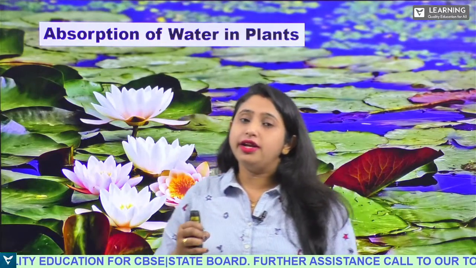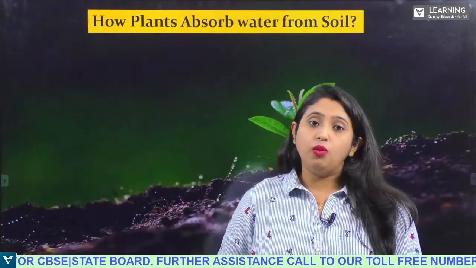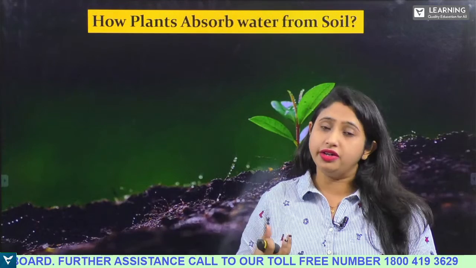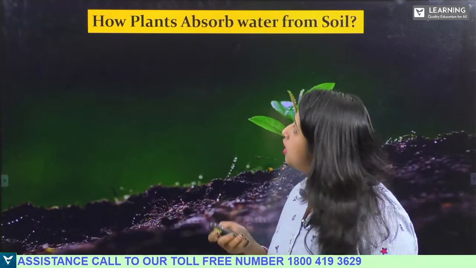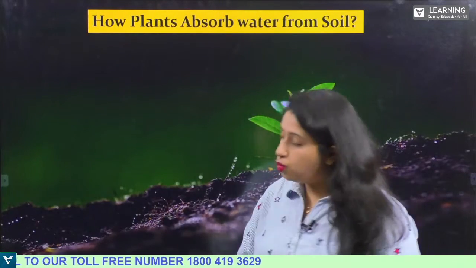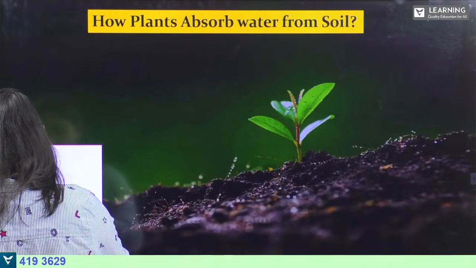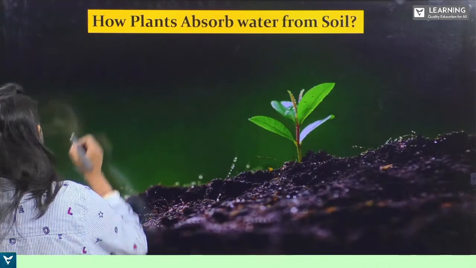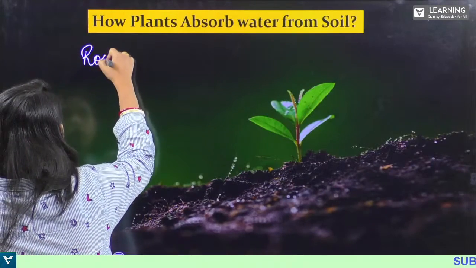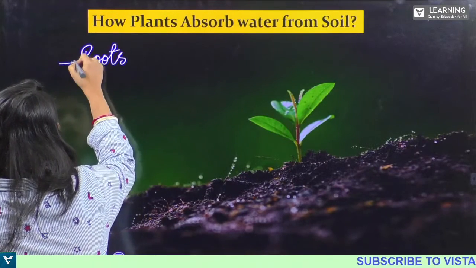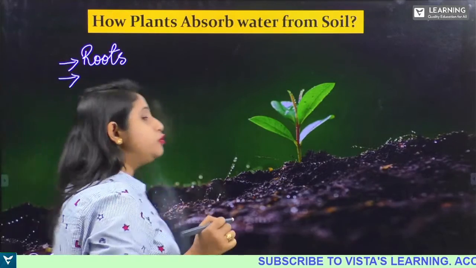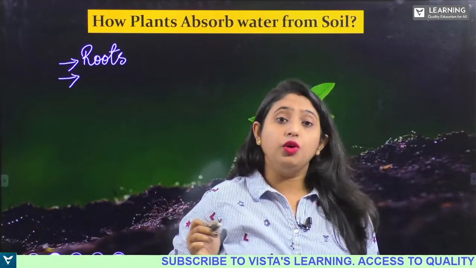First of all, let us see what the root and root hairs are, and how they absorb water. As you already know, plants absorb water with the help of roots.